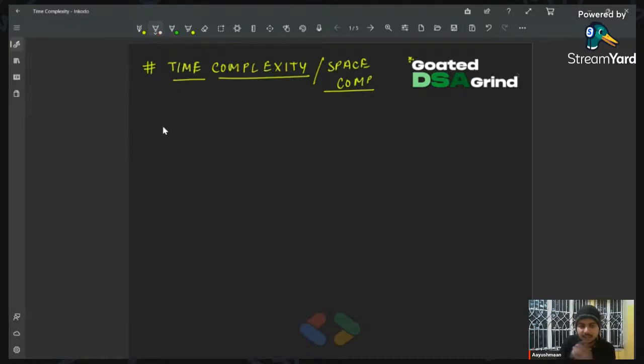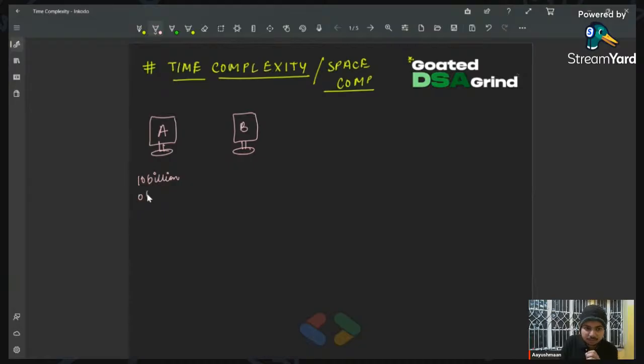Now, to understand the importance of time complexity, let us look at a practical example. Say there are two machines, machine A and machine B. Machine A is very fast, with 10 billion steps or operations per second.